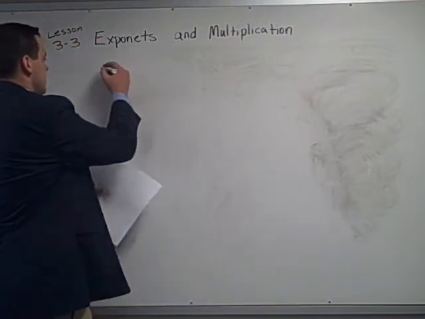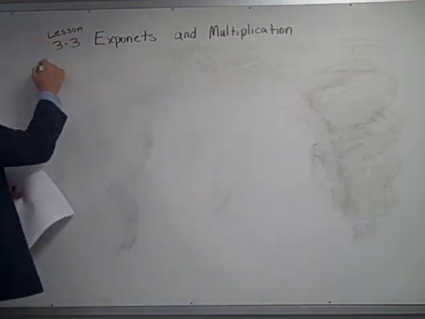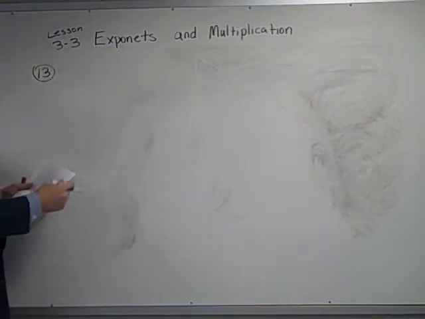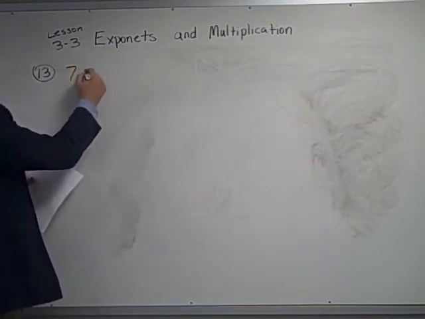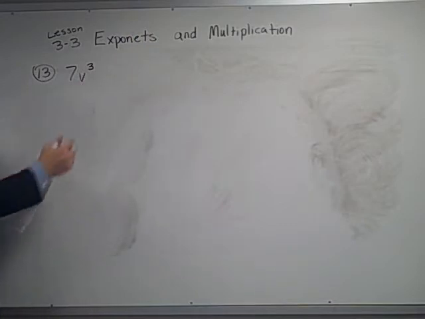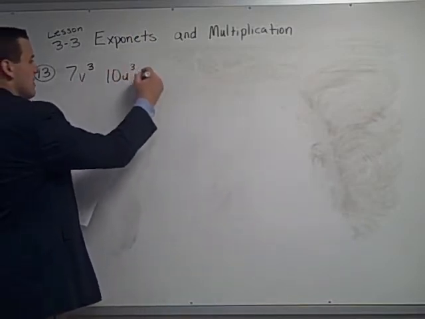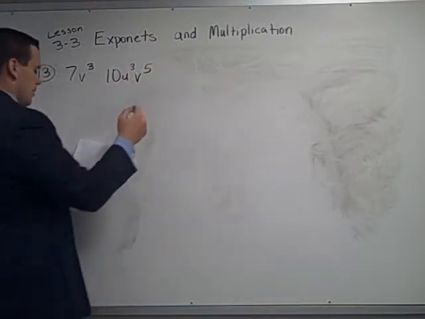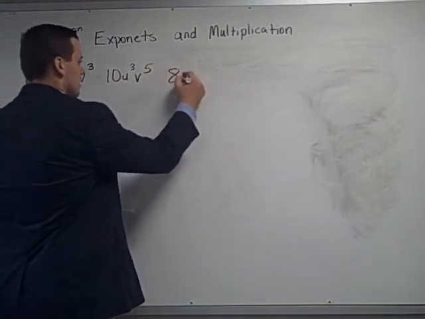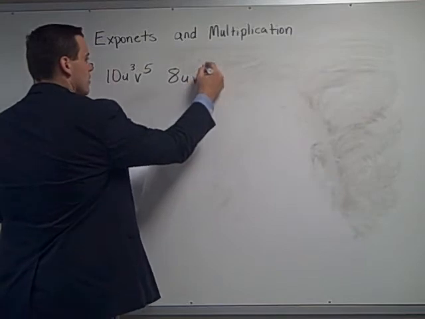So, looking at 13. 13 is 7v cubed times 10u cubed v to the 5th times 8u v to the 3rd.